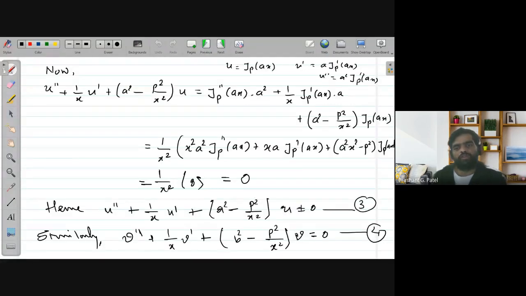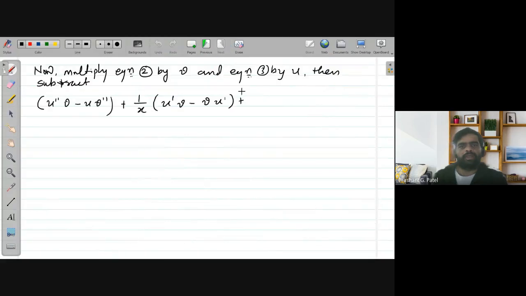When you multiply this by u, this is also uv. So these two terms will be subtracted from each other, and this is p square minus x square, the same term is there with the same sign. So if you subtract, then it will cancel out. So the left quantity is a square minus b square into uv equal to 0.